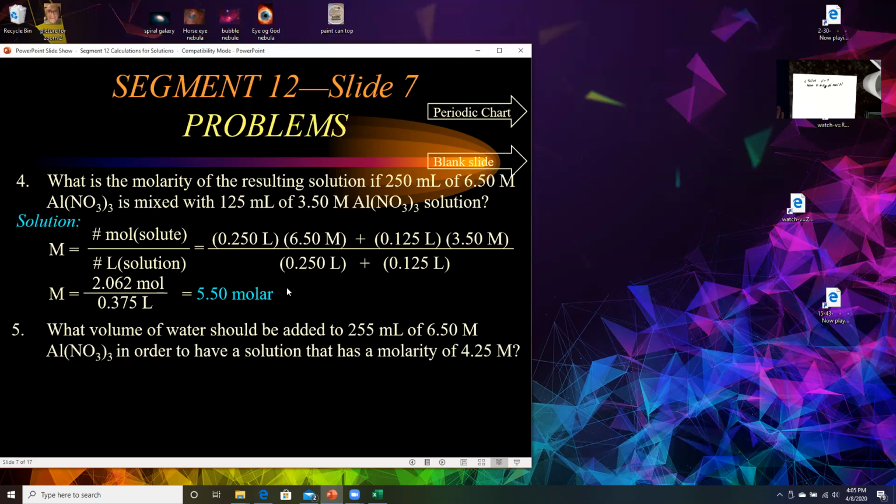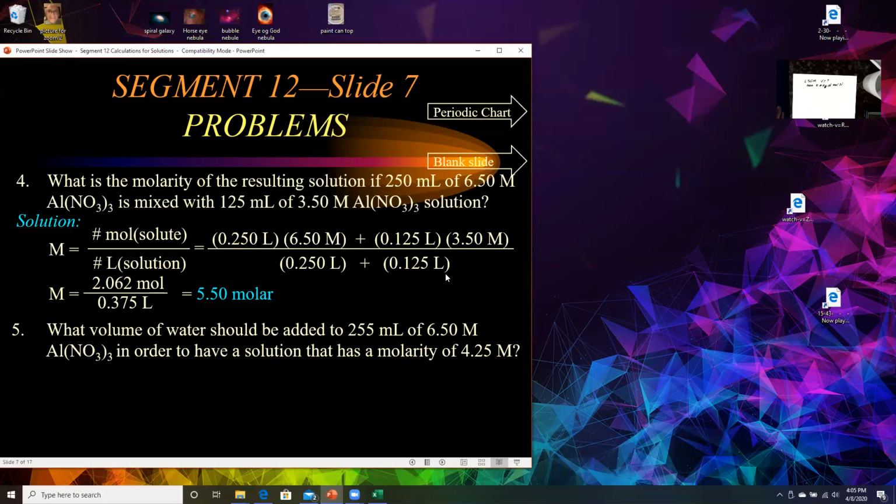Okay. And by the way, I want you to notice something else up here. I did convert these all to liters. I wouldn't have had to, because if I had 250 milliliters times 6.5 molar, that would be the number of millimoles, and the denominator would be in milliliters.